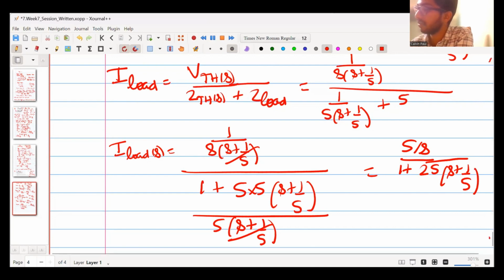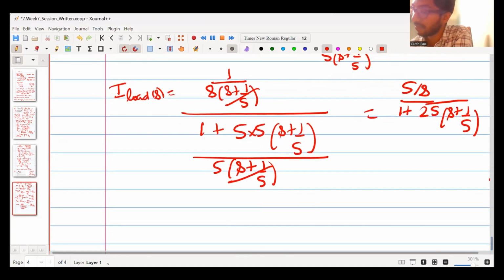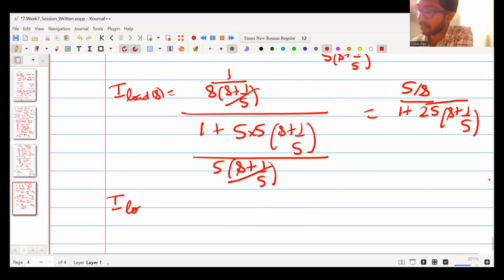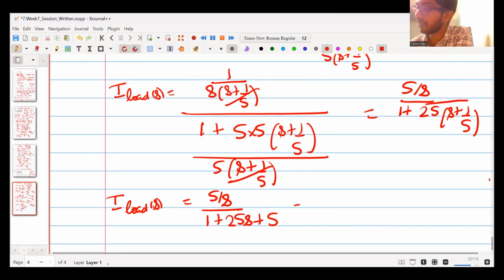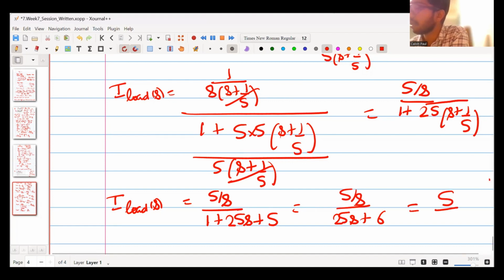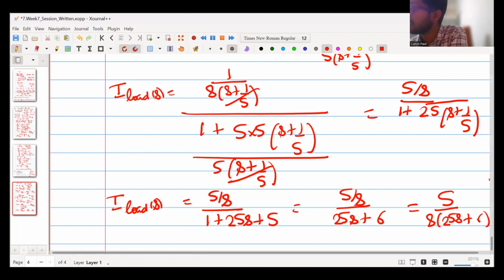So that becomes 5 upon S into (1 plus 25S plus 5), that is 5 by S into (25S plus 6).